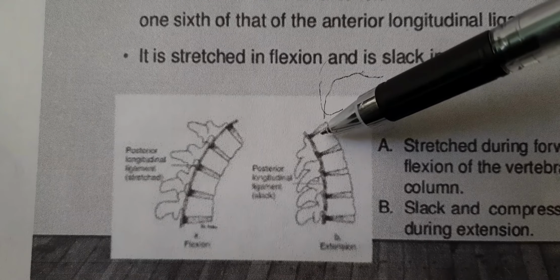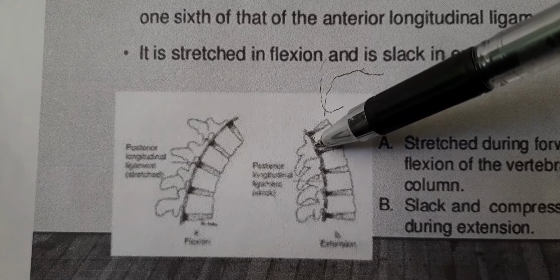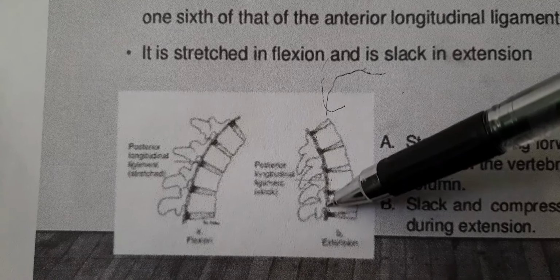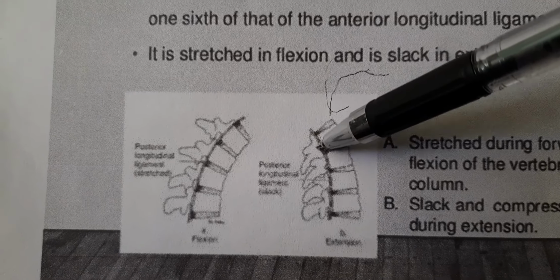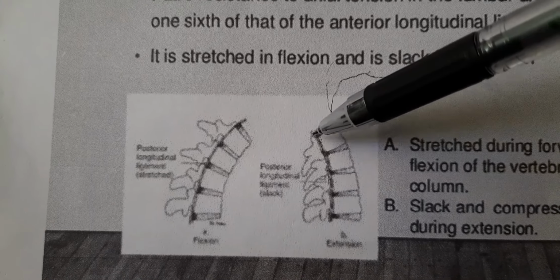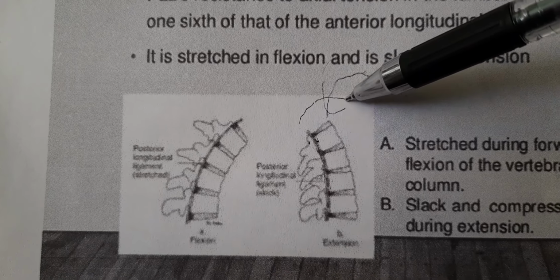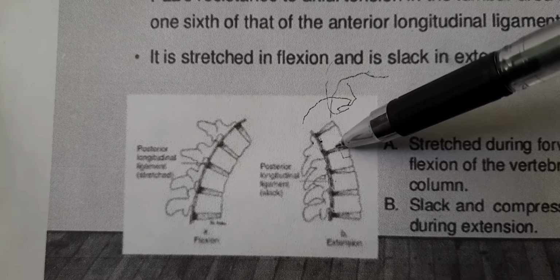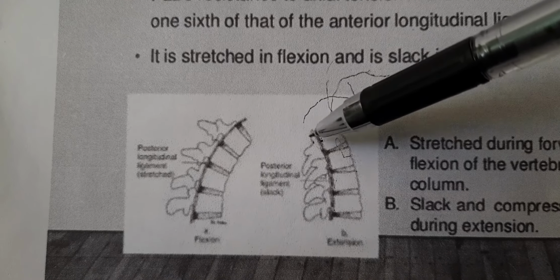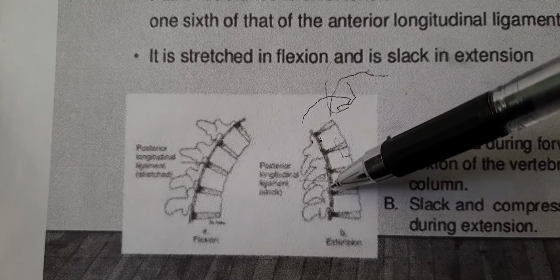Whenever you are at extension, the ligament present on the posterior side compresses. So whenever you extend, the posterior vertebra compresses and the anterior vertebra extends.